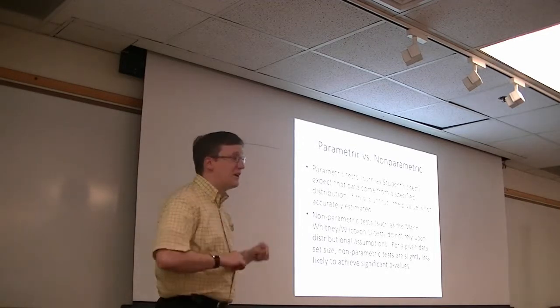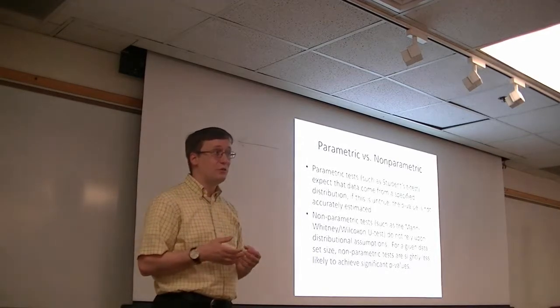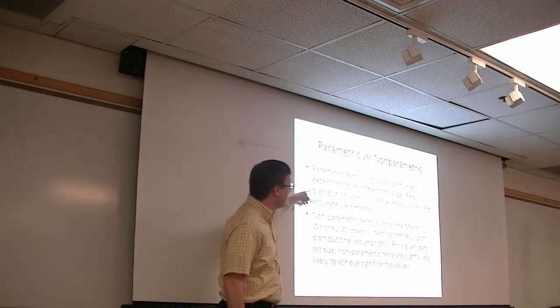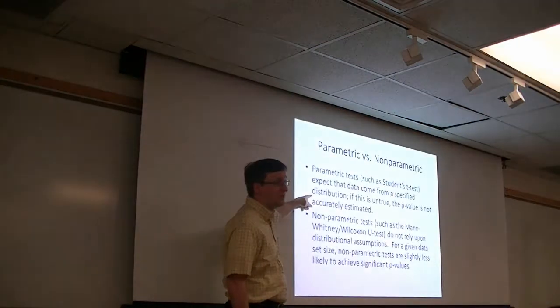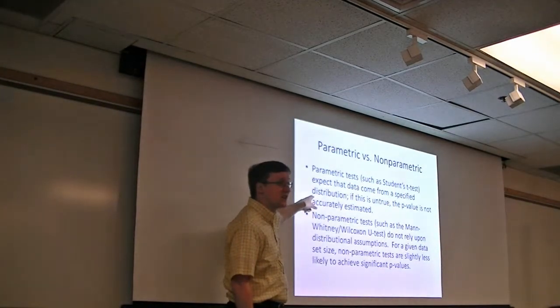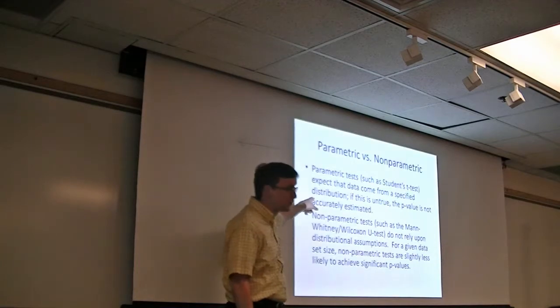So when we talk about things like Student's t-test, we're talking about a parametric model. And that is to say that it has some prior expectations about the data when you're applying it. Which is to say, it expects those data to come from a specified distribution.